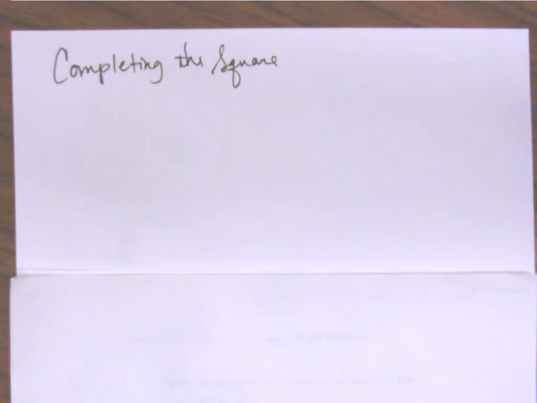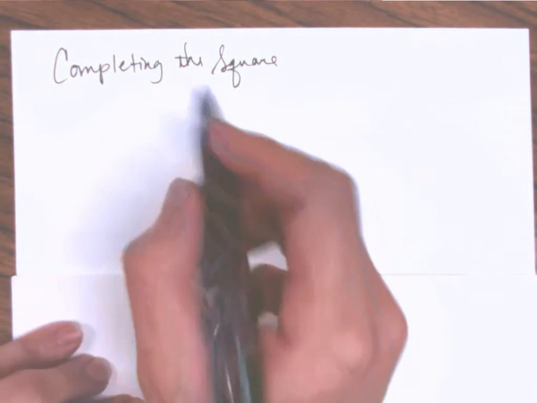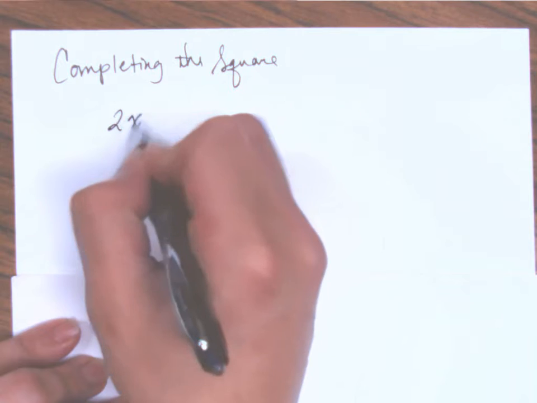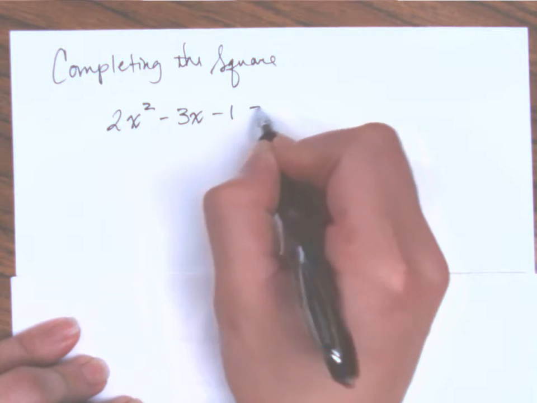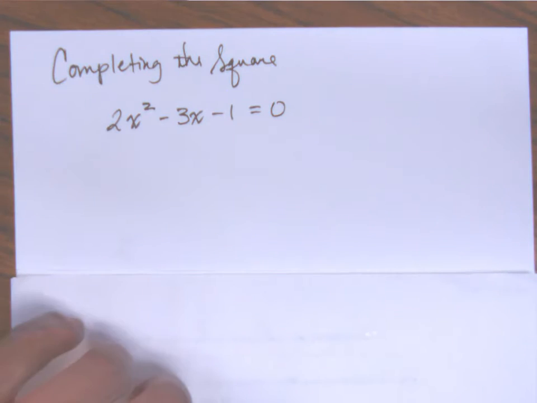We're going to look at another example of completing the square. So let's say that we're given the equation 2x squared minus 3x minus 1 equals 0.